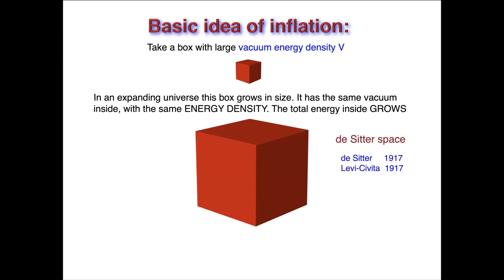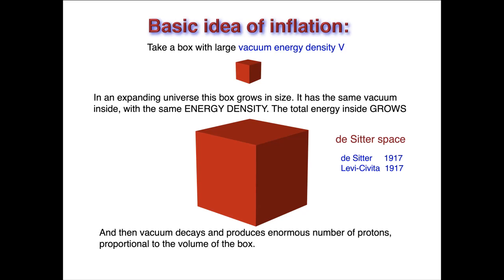This is what happens in de Sitter space. If your universe expands, and this de Sitter space solution was discovered in 1917, a long time ago, then the energy density remains the same, but then the vacuum explodes and everything goes into particles. It produces particles using the energy which is inside the box.